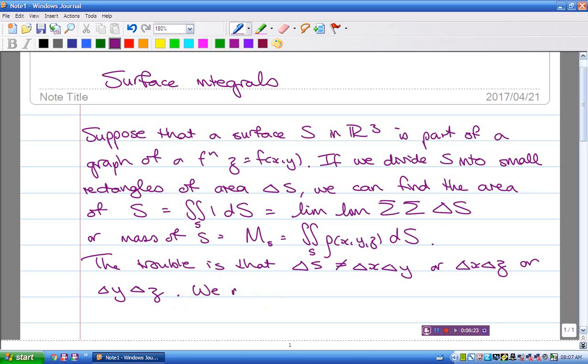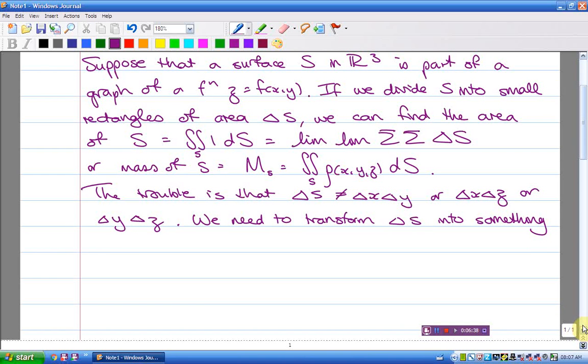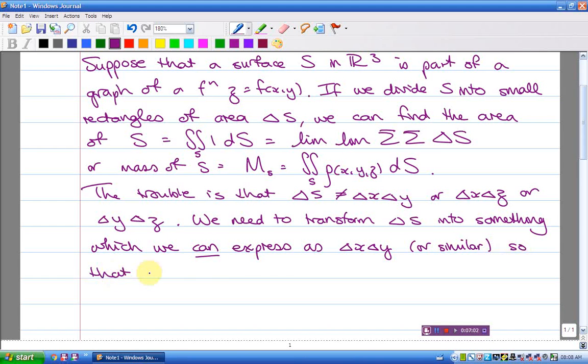We need to transform our delta S into something which we can express as delta X, delta Y, or delta Y, delta Z, or delta X, delta Z, but basically d variable, d variable, or similar, so that we can actually integrate. We can actually carry out a calculation.